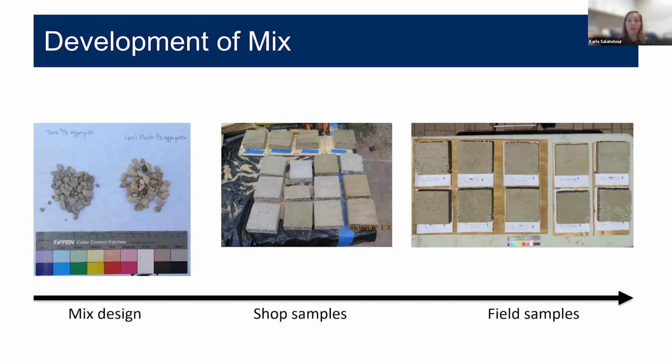And then in order to do that, we collect all of our observations and we can back out an original mix design. I want to note though that even if the volumes of our constituents are the same between the original material and the repair material, it doesn't mean that the concrete or the mortar will act the same.